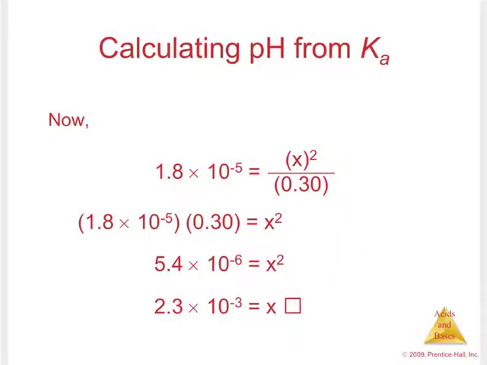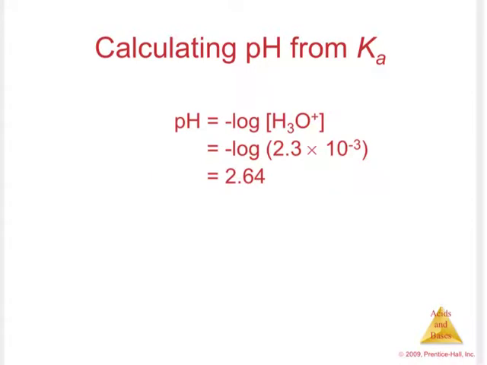So then we just plug our values into our equilibrium expression, and that will give us our hydrogen ion concentration. And once we know the hydrogen ion concentration, from that we can determine the pH, which is the negative log of the hydrogen ion concentration. So we'll have a pH of 2.64. And that's it for now.